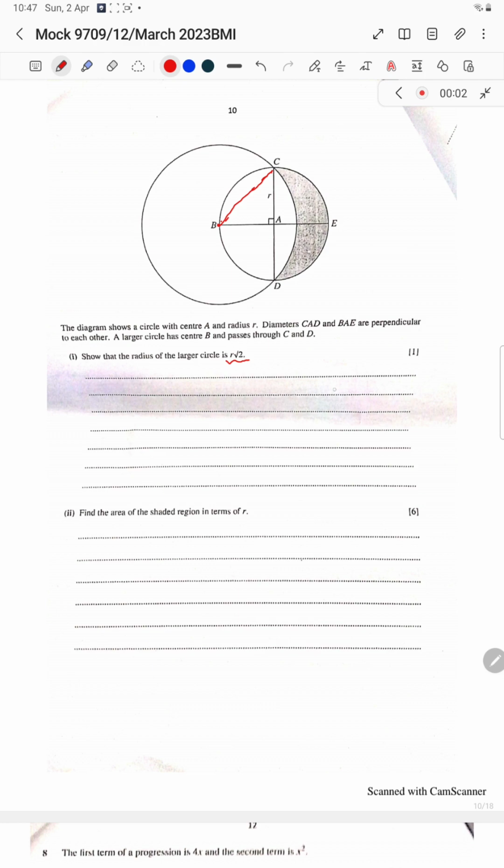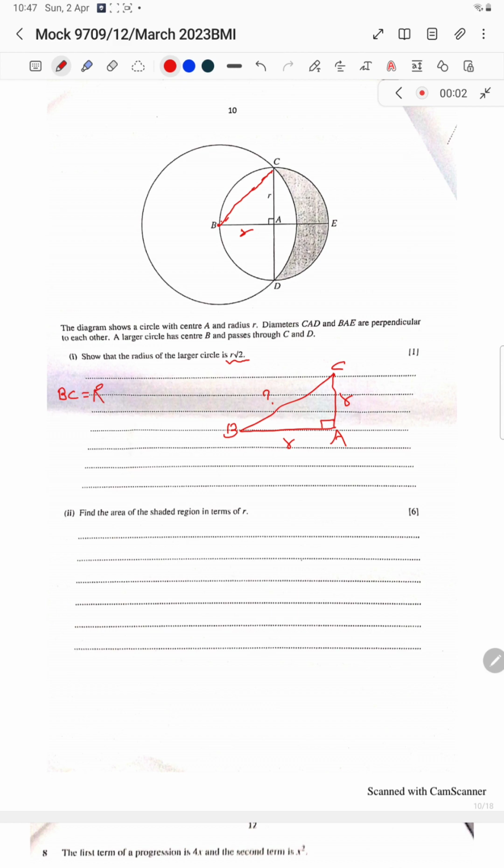So we can take out this triangle, CAB, and we know AB and AC are equal, because these are both radii of the small circle. So by using Pythagoras theorem, we can find this BC.